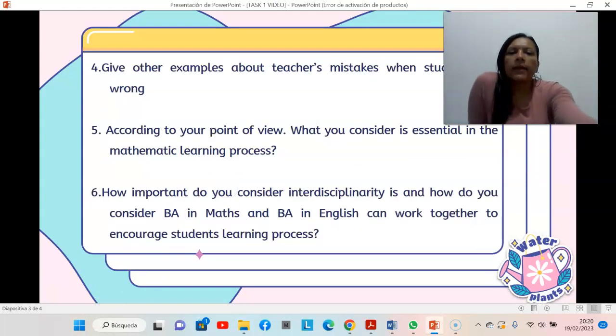4. Give other examples about teacher mistakes when students are wrong. If the student made a mistake in developing an exercise or problem, and the teacher does not use that mistake to reinforce the concept, a failure is committed.